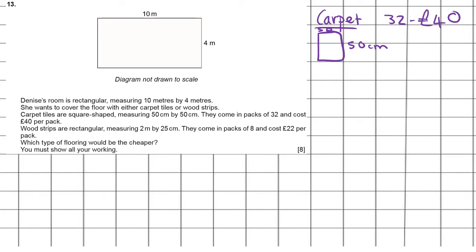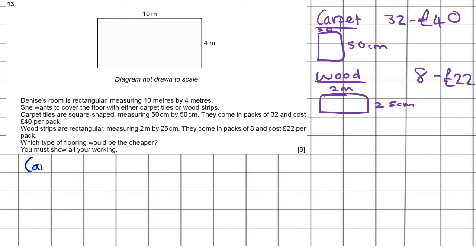Wood strips are rectangular, measuring 2 meters by 25 centimeters. They come in packs of 8 and cost £22 per pack. Which type of flooring would be the cheapest?